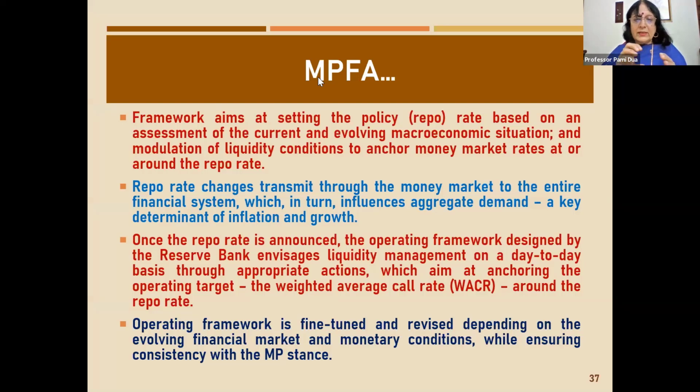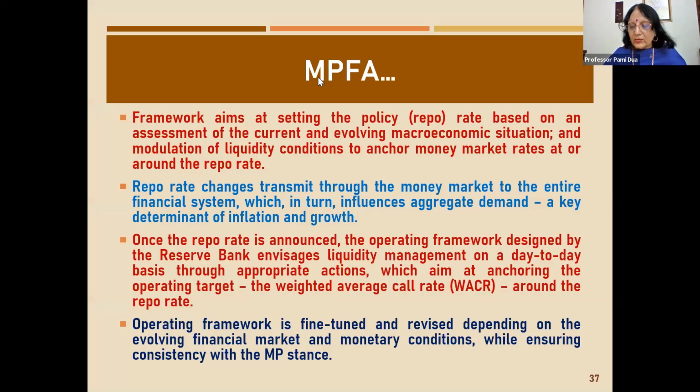And then what is expected is that this weighted average call money rate will affect the entire spectrum of interest rates, including the money market, bond market, and the banking sector. And having affected the entire maturity spectrum of interest rates, this will affect aggregate demand in the economy, and therefore it will affect consumption decisions, investment decisions, net exports, and therefore output growth and inflation.